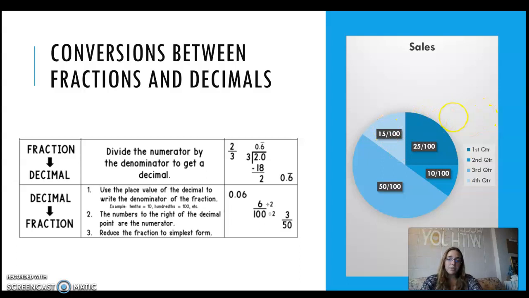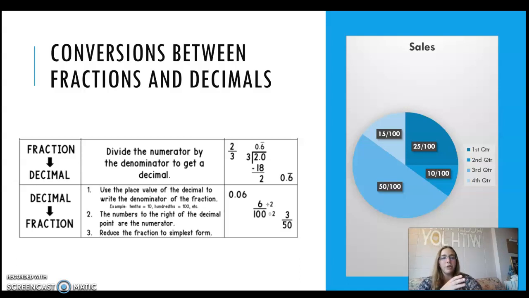For example, comparing fraction to decimal, the first quarter, 25 over 100, can be simplified into the fraction 1/4. The fraction 1/4 is 25 hundredths, which is 0 and 25 hundredths. That is the decimal equivalent.